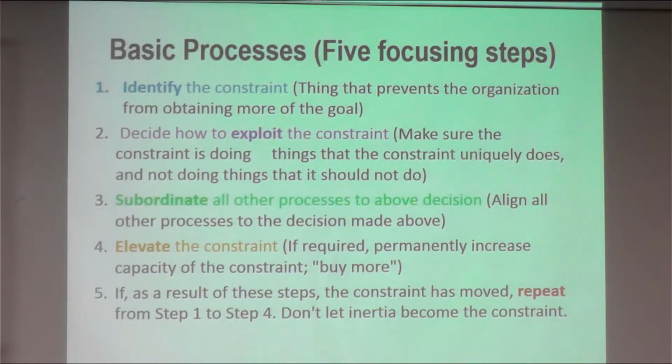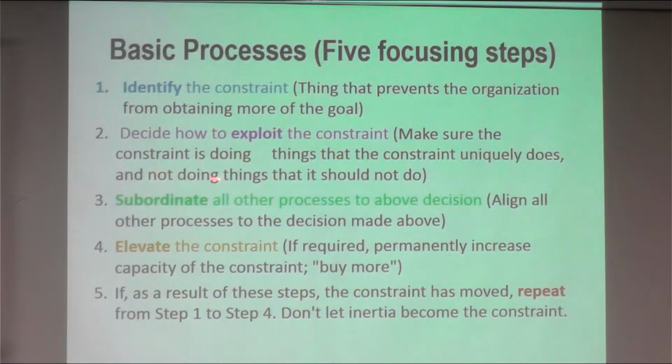Now, it proposes 5 basic steps: identify, exploit, subordinate, elevate, and repeat. First, you identify which one is the constraint, the thing that prevents the organization from obtaining more of its goal. Then exploit it.